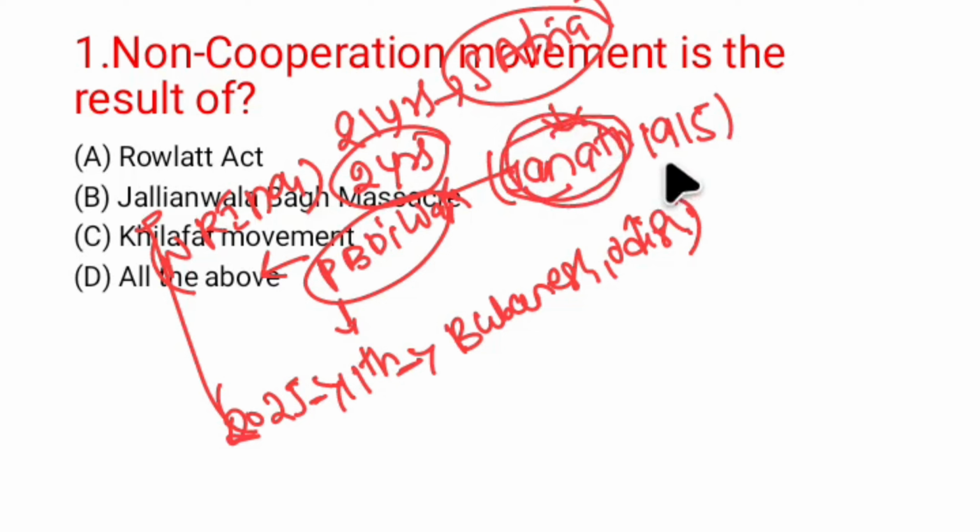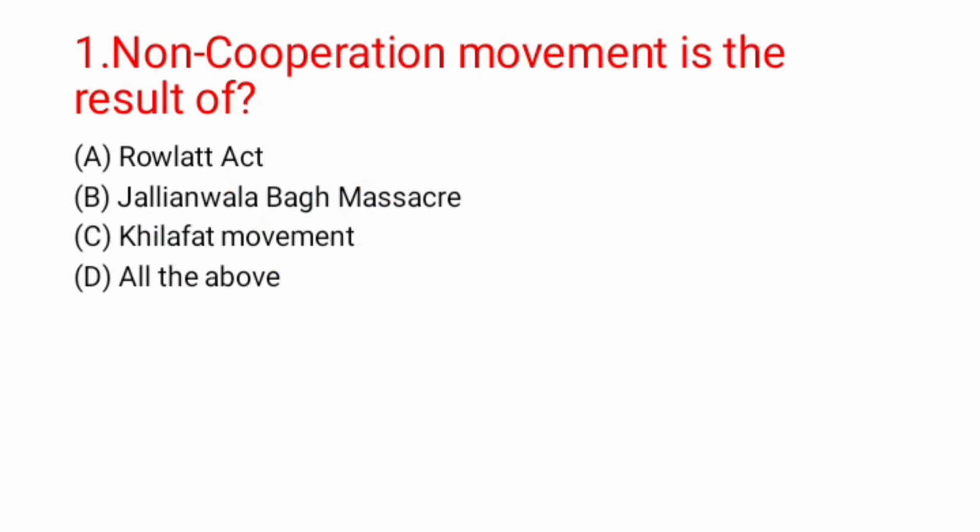On January 9th, 1915, Mahatma Gandhiji arrived in India. After that, he launched several satyagraha movements. The first one, in the year 1917, was the Champaran Satyagraha in the state of Bihar.